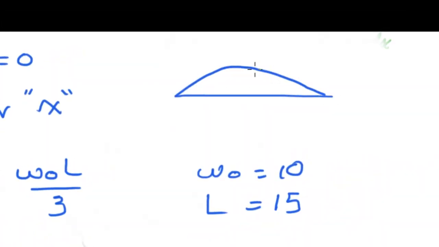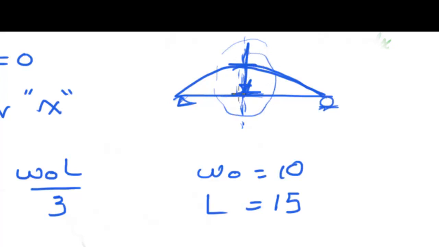Maybe that's not a very nice drawing, but maybe you get the idea. Have the support here and here, it's symmetrical about the middle of the beam, and the concentration was at the middle. So all of this tells me that I should expect the maximum moment to be at the midspan.